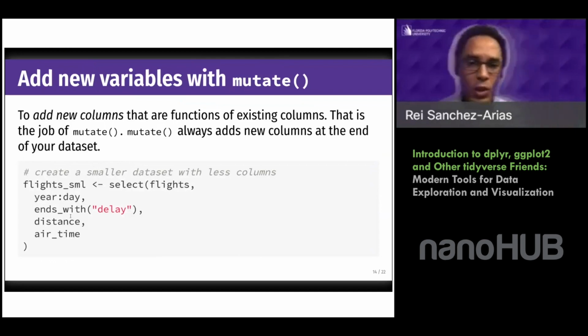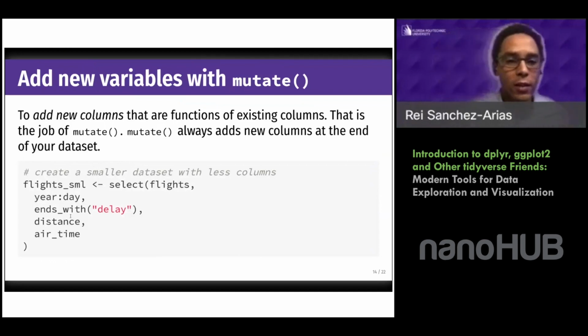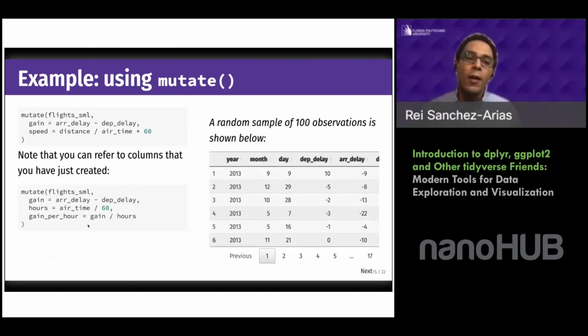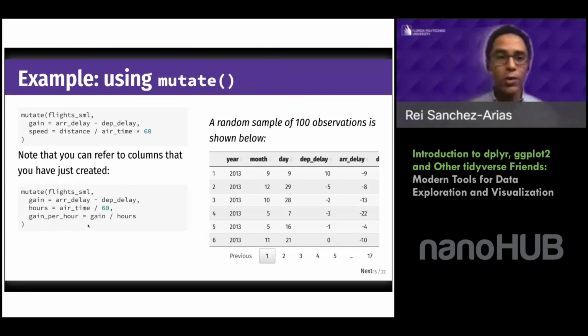So here's a smaller data frame where I selected from flights the columns from year to day, any column that ends with delay, and I also selected the distance and the air time. And from there, I can introduce mutate, because if I have things like the arrival delay and departure delay, I can create new columns like the gain.